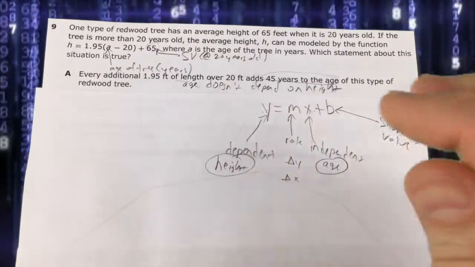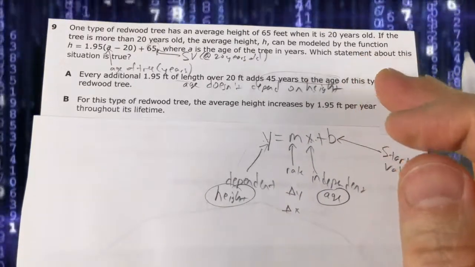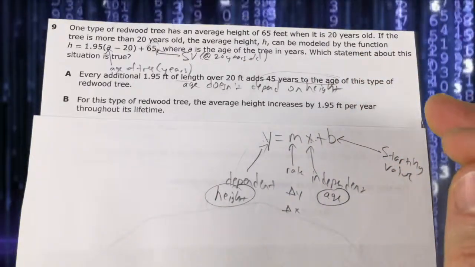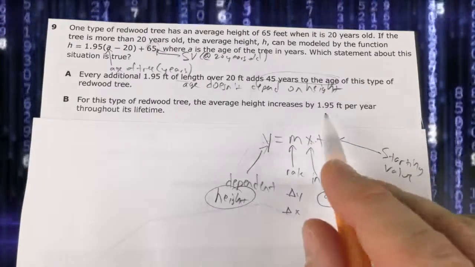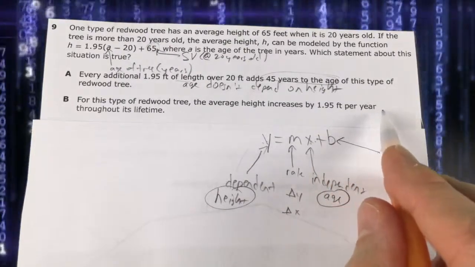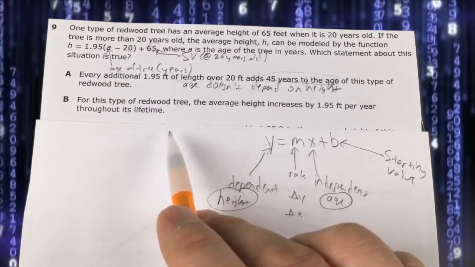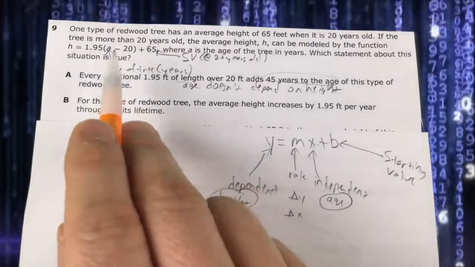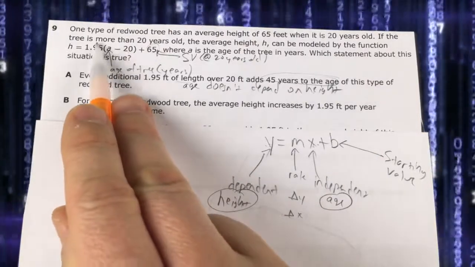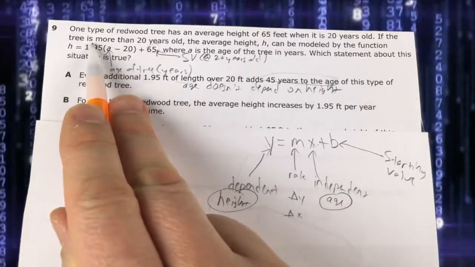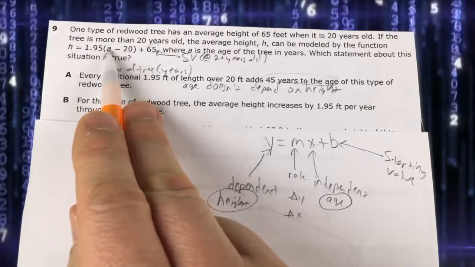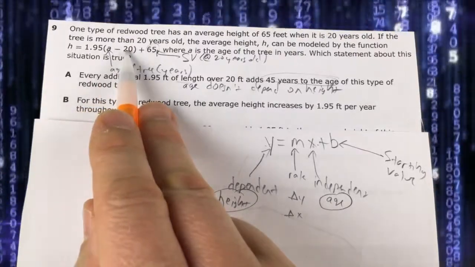Choice B. For this type of redwood tree, the average height increases 1.95 feet per year throughout its lifetime. Now this one's really close. Here's why it's not correct though. This is a feet per year ratio, but it's not times the total age of the tree. It's times the age minus the first 20 years.